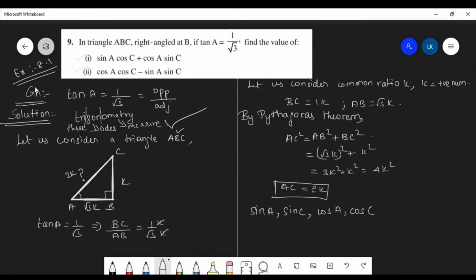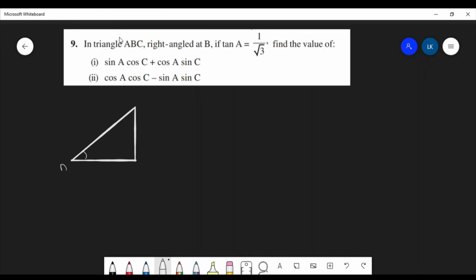We can find sin A, sin C, cos A and cos C by using this triangle. A right angle triangle ABC such that the value of AB is root 3 K, BC is K, and AC is 2K.